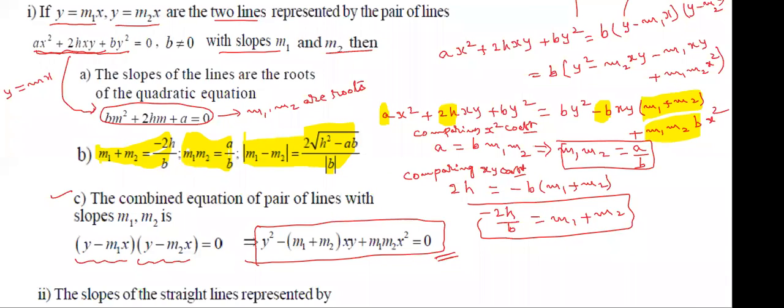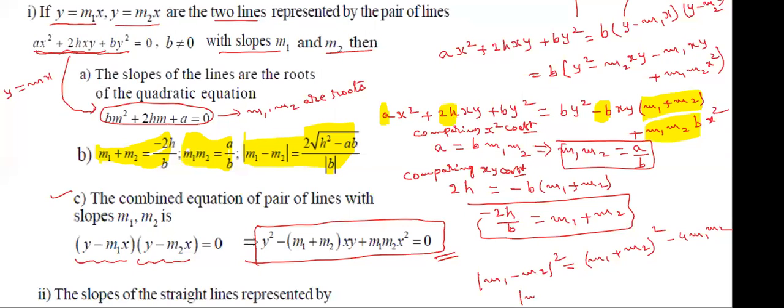Then how to find the difference of the roots? This is the formula: (m1 minus m2) whole square. This is the a minus b whole square form, that is equal to (a plus b) whole square minus 4ab. Use this concept, you will get it.